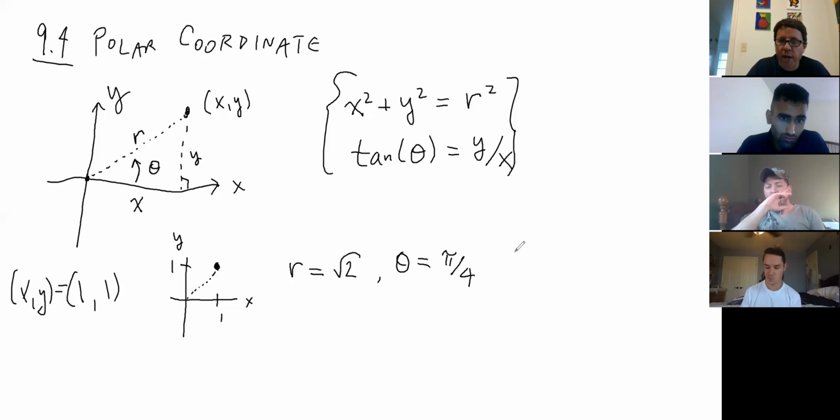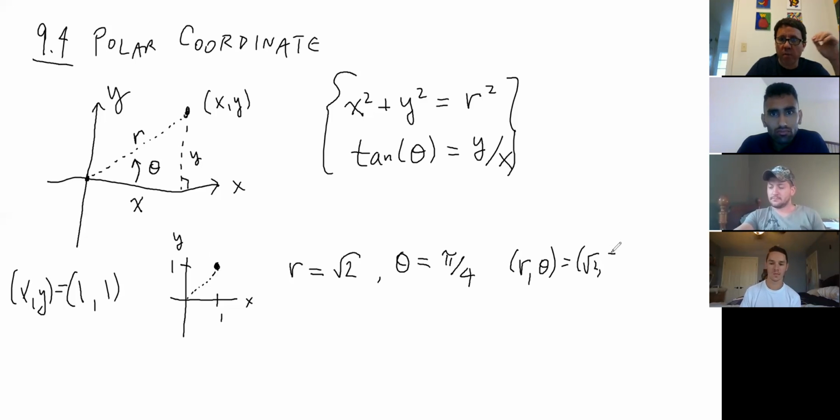And just for shorthand, we would write it in this order, r and then theta. So we would write (r, theta) equals (square root 2, pi over 4). We have to make sure that when we write a coordinate like that, we tell whether it's polar or (x, y), which is called Cartesian or rectangular. It looks like a rectangle.